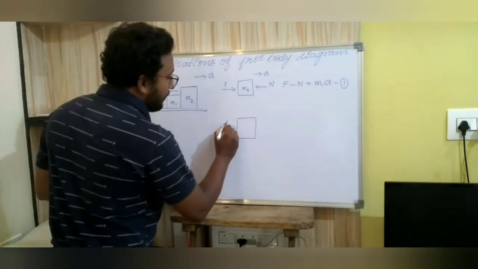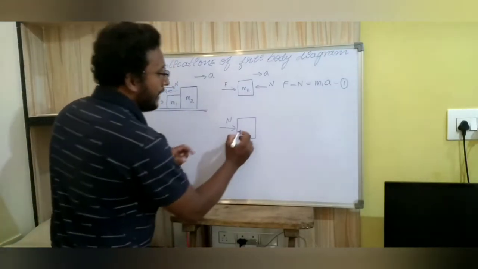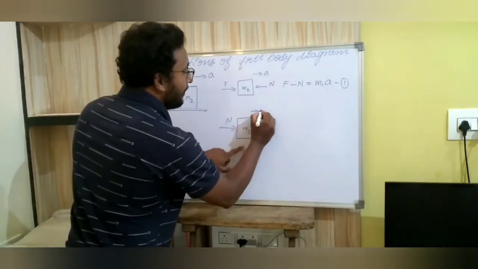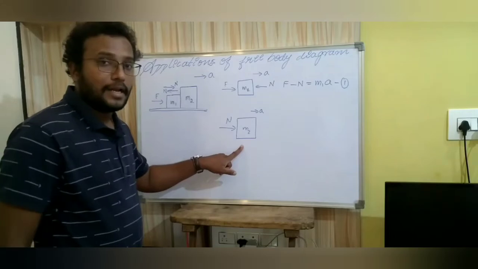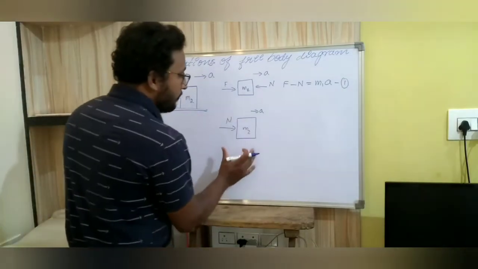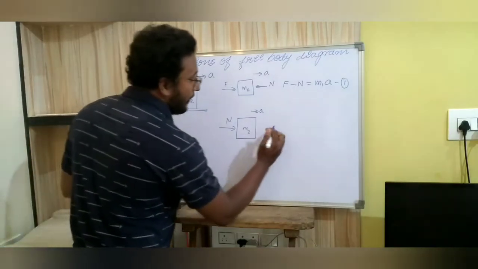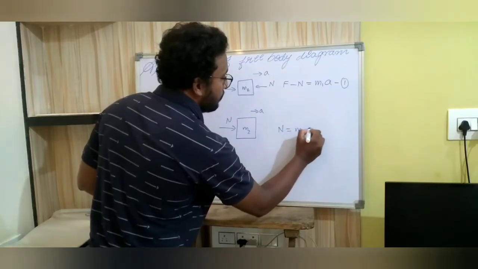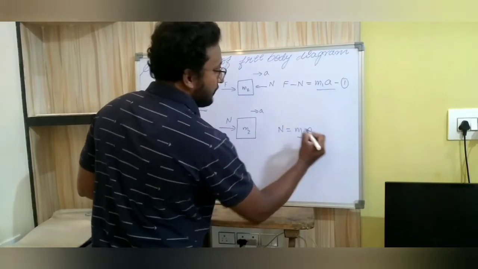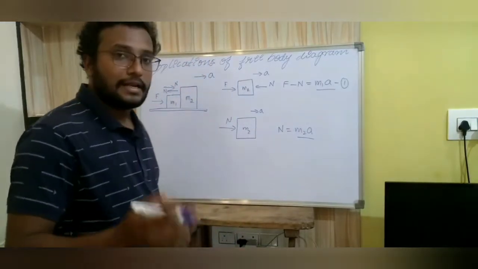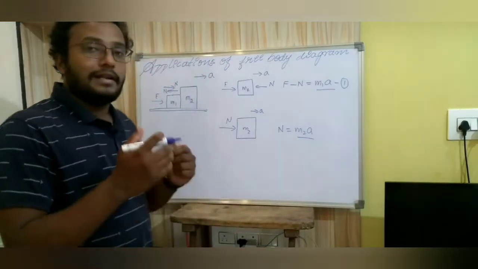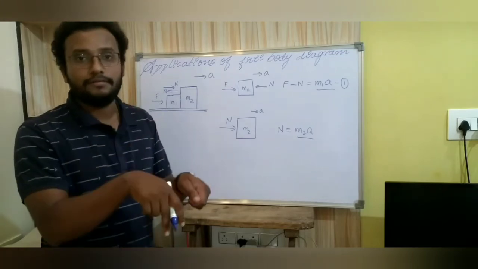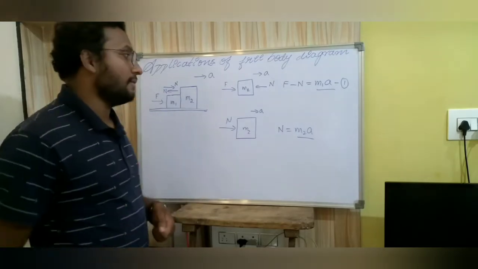This is a block of mass m2, and it is also getting accelerated with the same magnitude equal to A. So the dynamic equation for this block is N is equal to m2 into A. This is nothing but Newton's second law of motion, because any resultant force can be represented as the mass of that object times its acceleration.